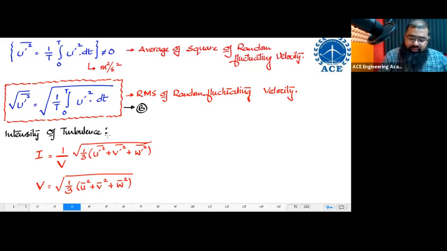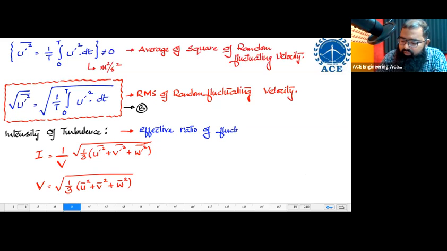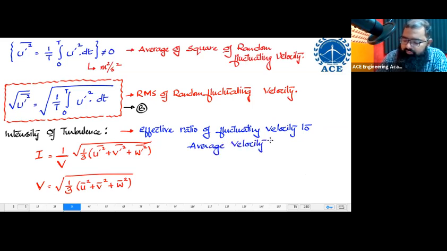So this intensity of turbulence is talking to you about the effective ratio of fluctuating velocity to average velocity in all three directions combined.